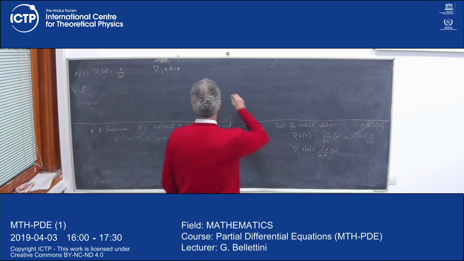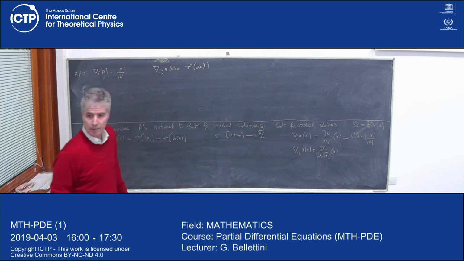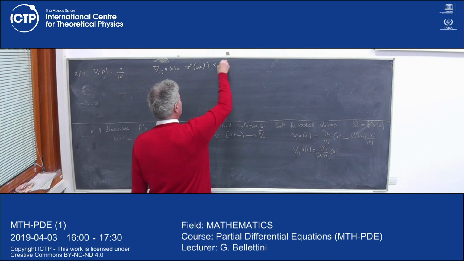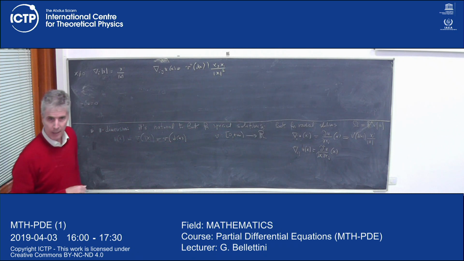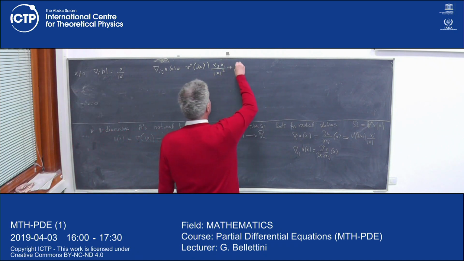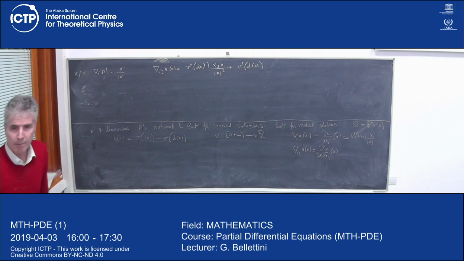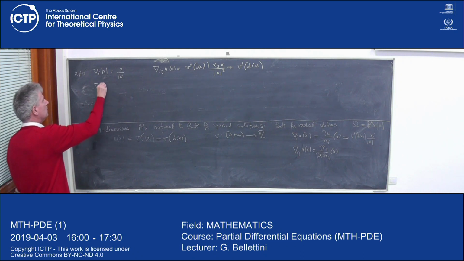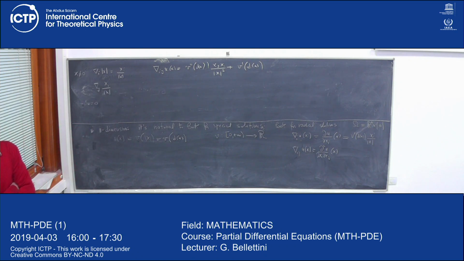V second, yes, v double prime of |x|, times xj xi divided by |x| squared, plus, now it's more delicate. We have to compute this derivative with respect to j.